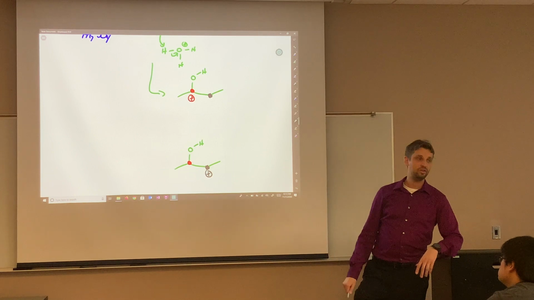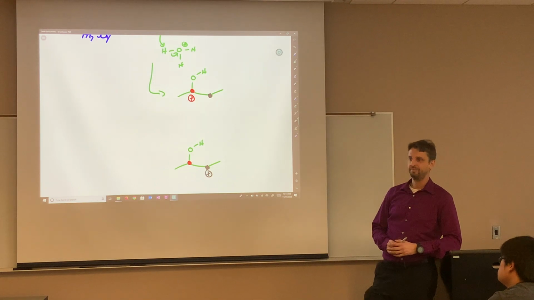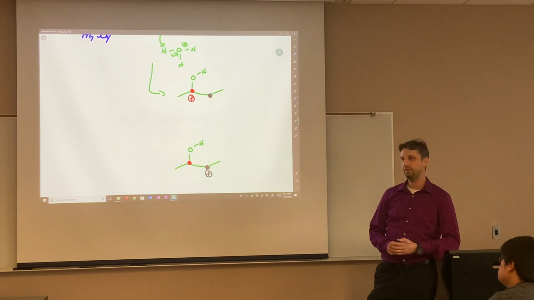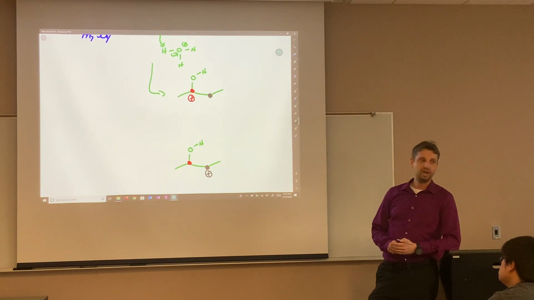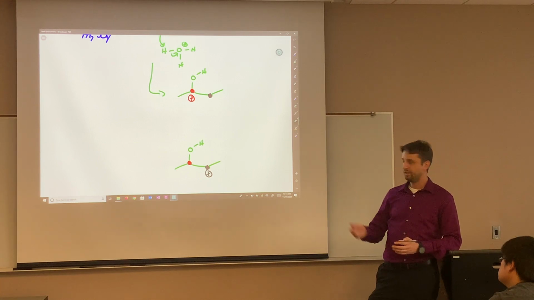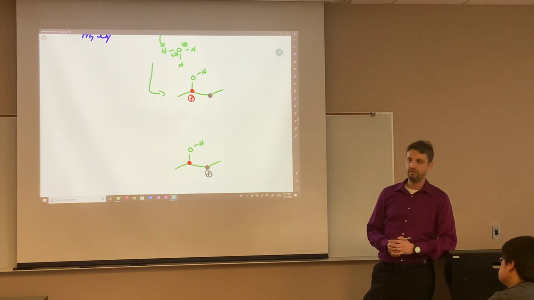Well, what's that oxygen doing to the carbon in red? Pulling electron density away from it. Oof, right? So the carbon in red is feeling even more positive because it's got an electronegative atom bound to it, right? That's not good. So we're destabilizing it, right? So it's got to mean that the carbon in black then, right?